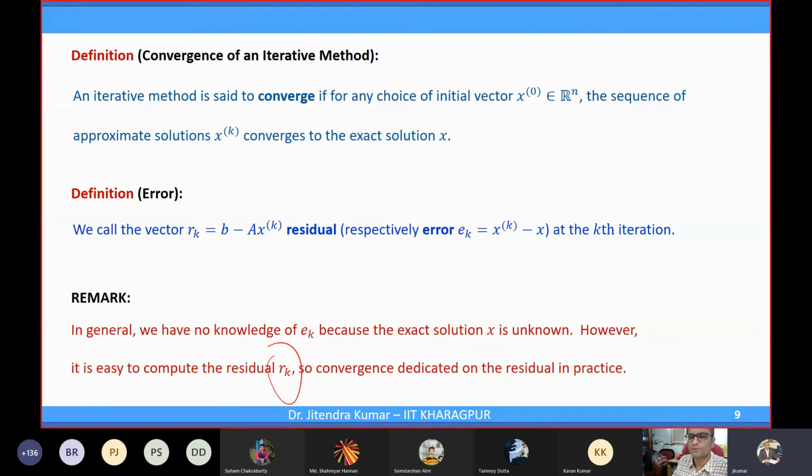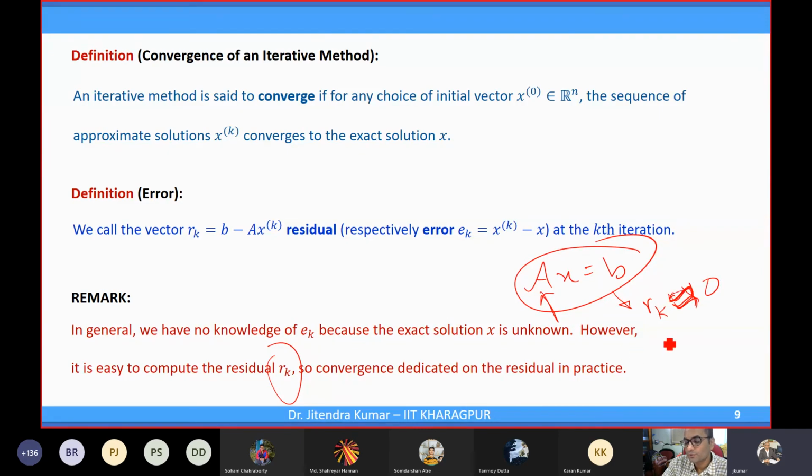Things are not so straightforward also. I will not go into that much detail of numerical analysis, but with this residual part, there are problems. For some special matrices, Ax equals b, it very often happens in practical problems that this r^k is very small, close to the zero vector, but that x is a very bad approximation, nowhere close to your solution.